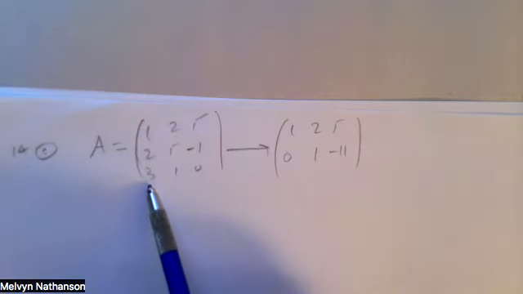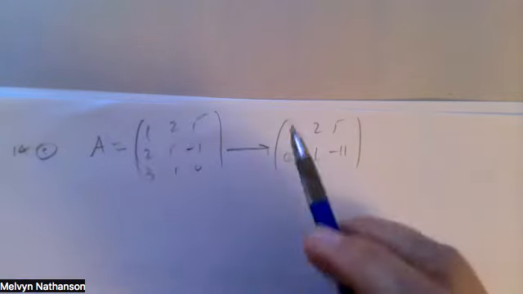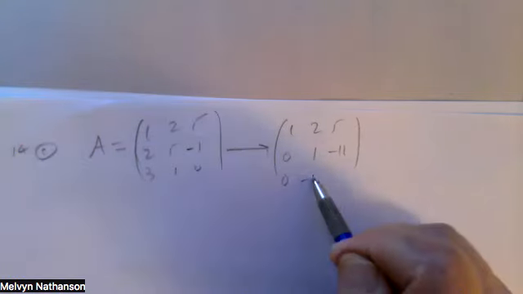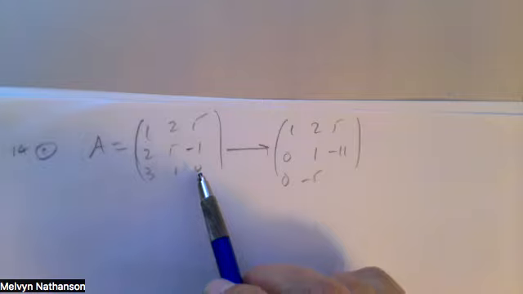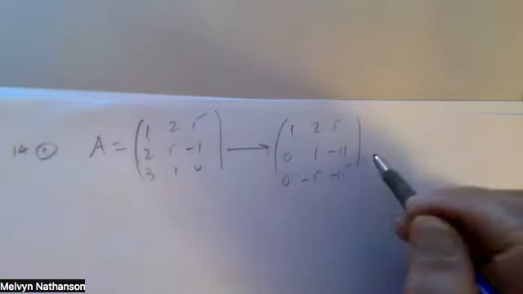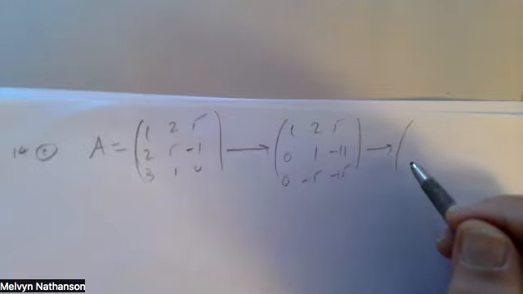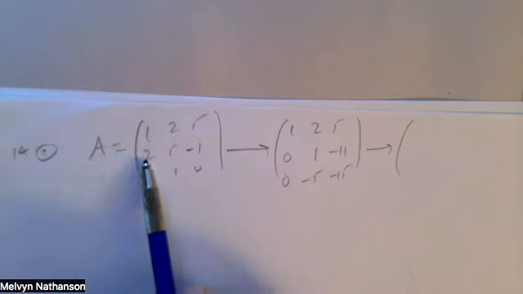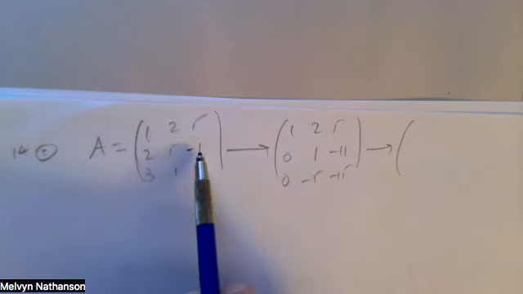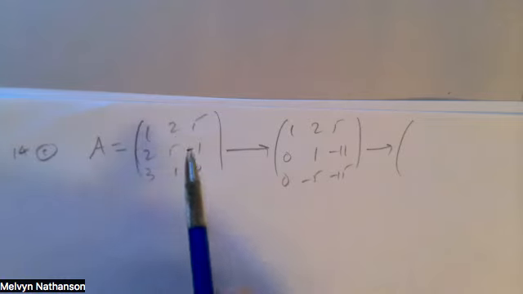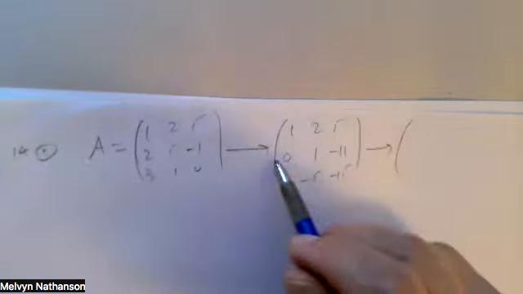Subtract 3 times the first row from the third. 3 minus 3 is 0. 1 minus 6 is minus 5. 0 minus 15 is minus 15. So let's double check that this is correct.